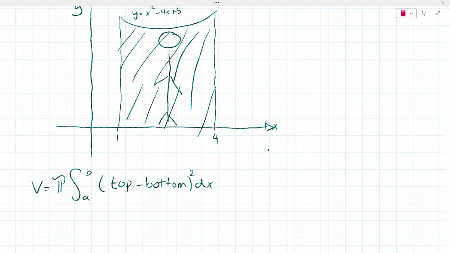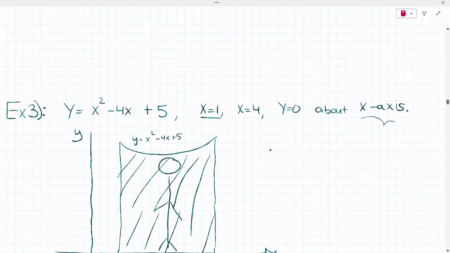So what are our limits of integration? Everything's in terms of x, so our x is 1 to 4. Our a is going to be 1 and our b is going to be 4. And if you're going across the x-axis, we're going vertical.